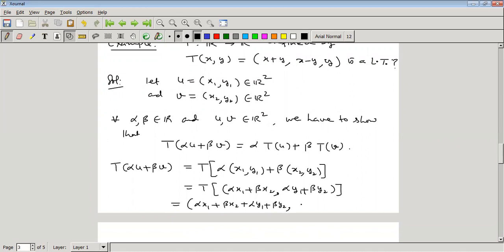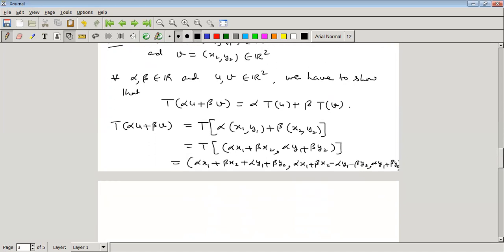This is the first coordinate. The second coordinate is alpha x1 plus beta x2 minus alpha y1 minus beta y2. And the third coordinate is alpha y1 plus beta y2. So this we use the transformation, right?